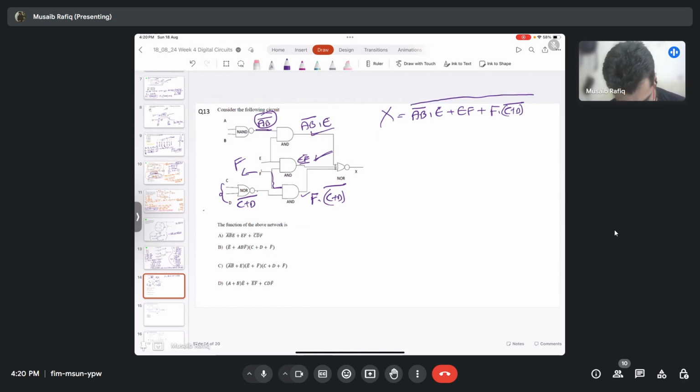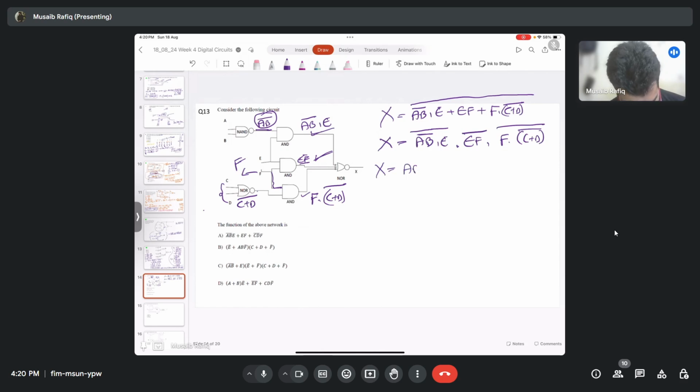Then X will be equal to ((AB) bar dot E) whole bar plus (EF) bar plus (F dot (C plus D) bar) whole bar. So I use De Morgan's law. Then I have X again using De Morgan's law.